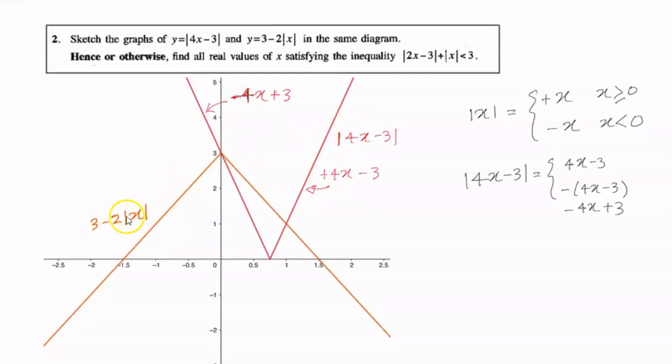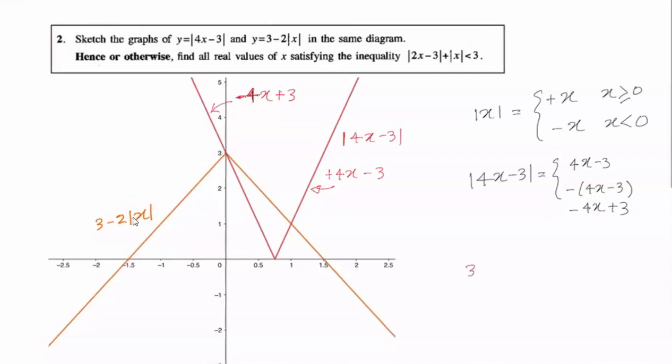So same thing here. Now I have absolute x. We know absolute x is positive x or negative x. Now what do you think? If this is positive x, we are going to have 3 minus 2x.